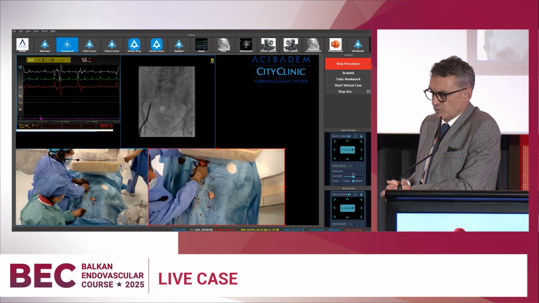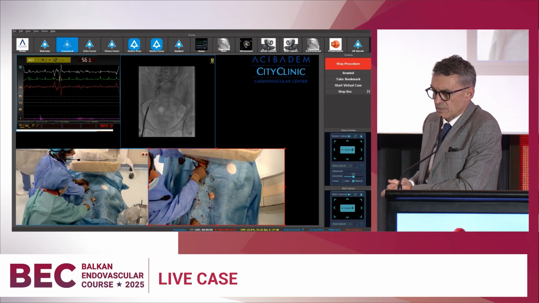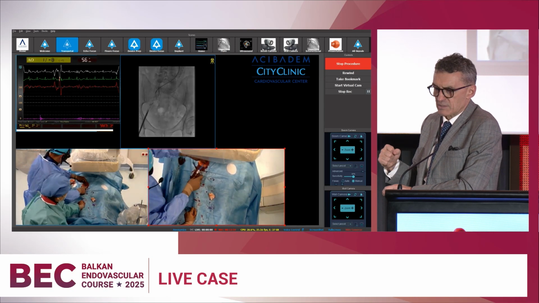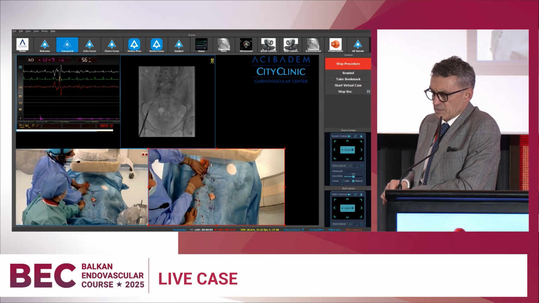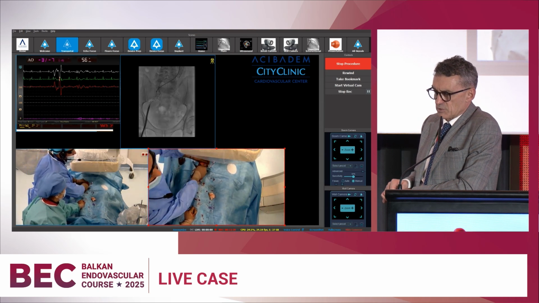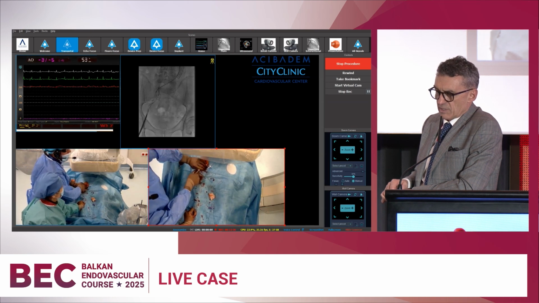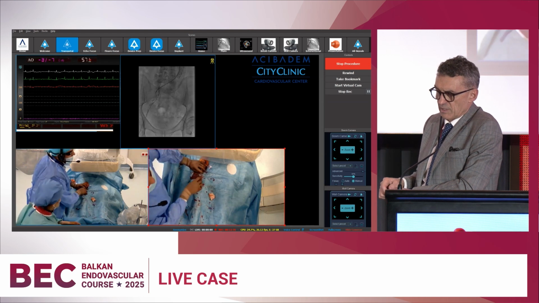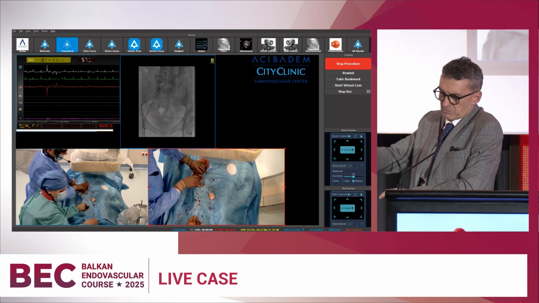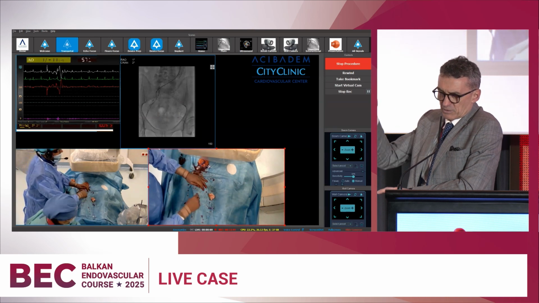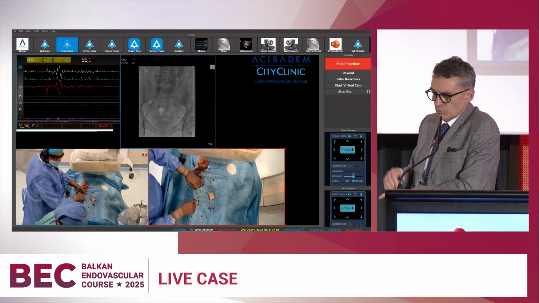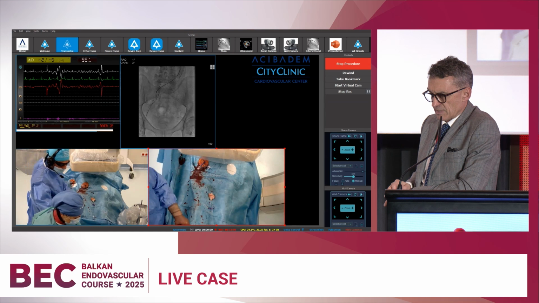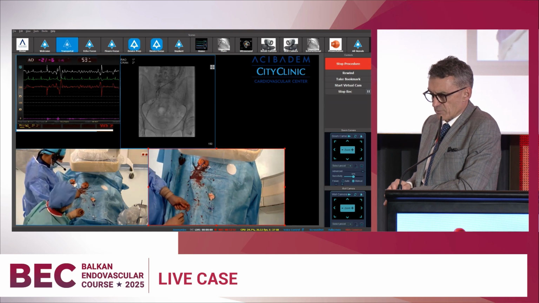We have commented today that Advantage is a very good family of supportive wires. It's also possible to upsize the wires. So we can go with Advantage, and in case it's not successful, we can put a catheter, whatever catheter, in order to exchange for another more supportive wire.